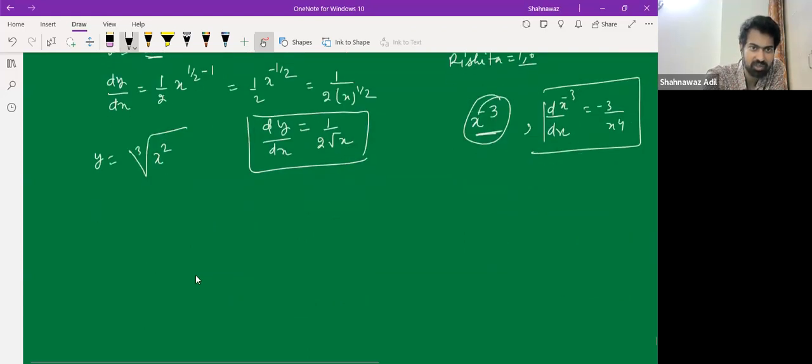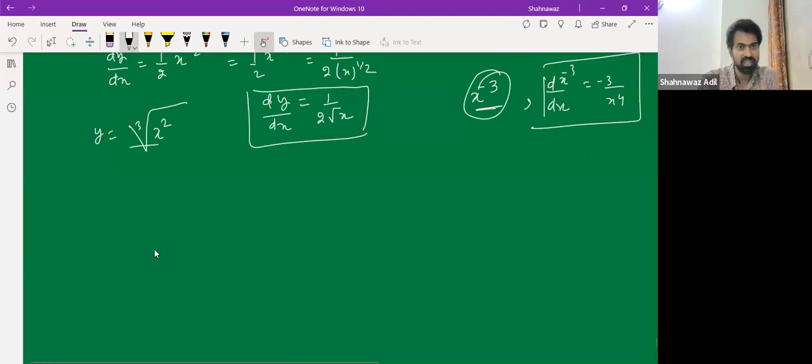We learned this in powers and exponents, in 7th or 8th class.